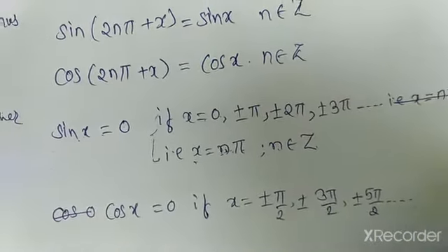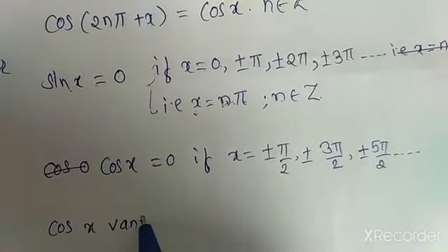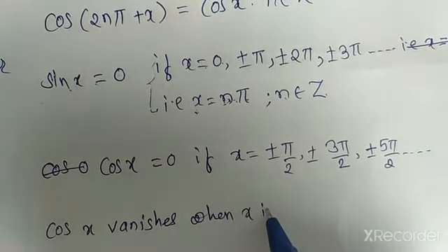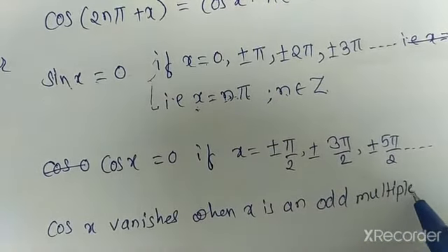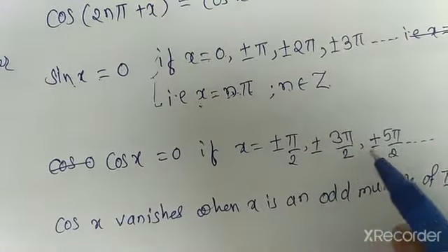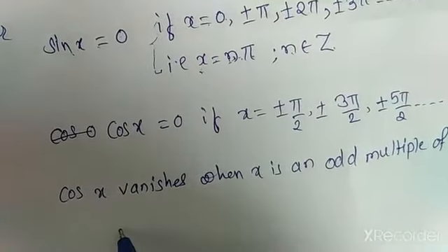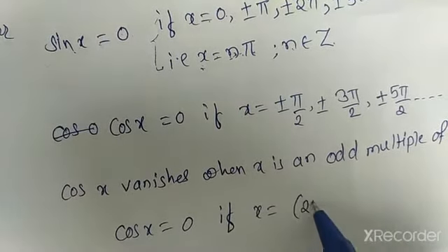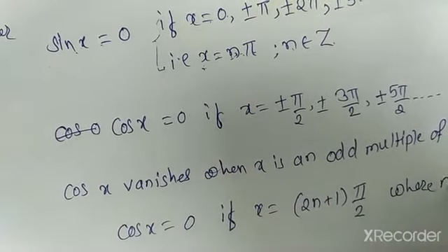That is, cos x vanishes, which means it will become 0 when x is an odd multiple of π/2. Okay, these are all odd multiples of π/2. Or it can be written as cos x is equal to 0 if x is equal to (2n+1)π/2, where n belongs to Z.